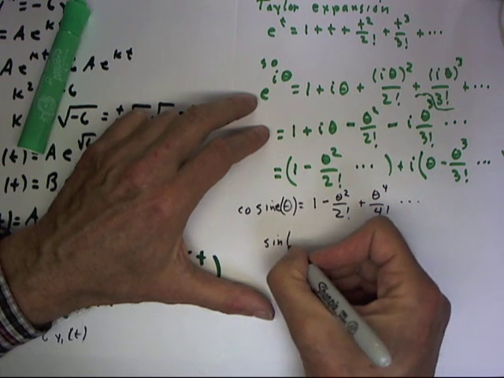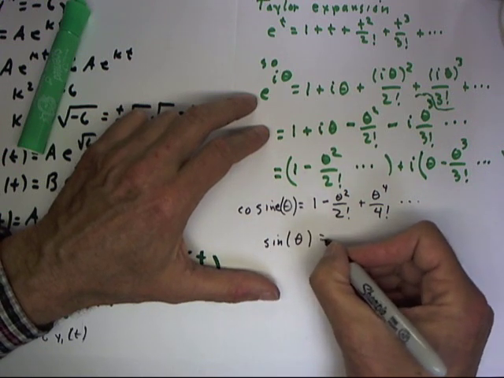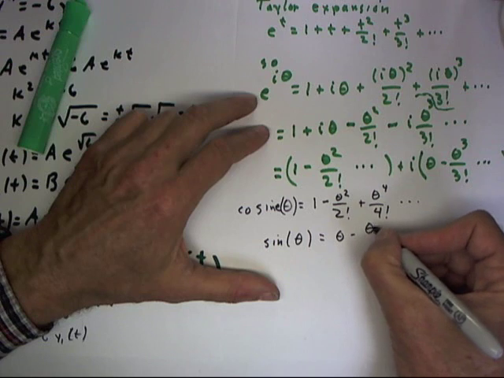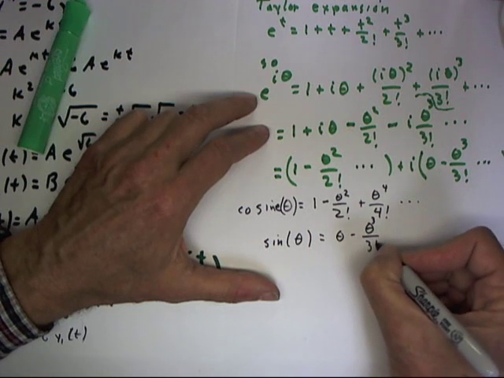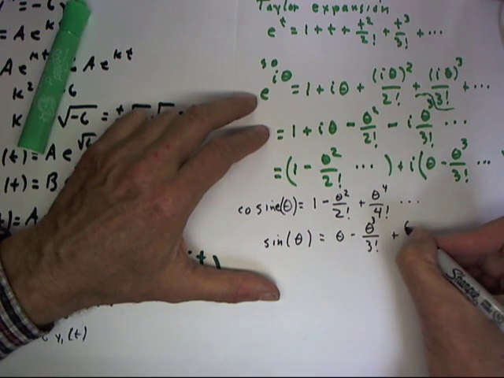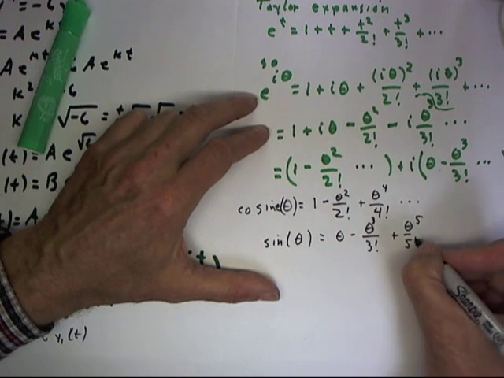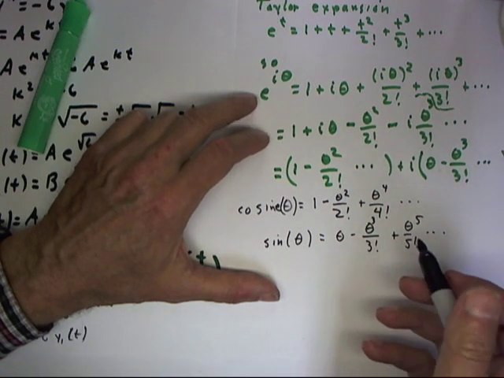I had that wrong at first; that should be the cosine. And sine of theta is going to equal theta minus theta cubed over 3 factorial plus theta to the 5th over 5 factorial, and so forth.